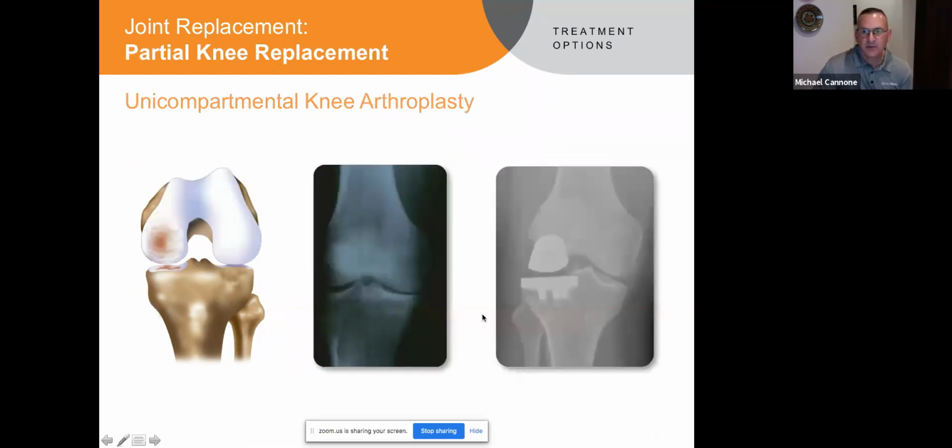This is an example of a partial knee replacement here. You can see on the picture on the left here, the arthritis is primarily affecting this part of the knee on the medial side. This is an X-ray demonstrating that. And then this is an example of a partial knee that's been put in there. This is a fixed bearing knee. The one that I'm currently putting in is a mobile bearing knee. There's a long history, some 30-year survival rates of the knee joint.